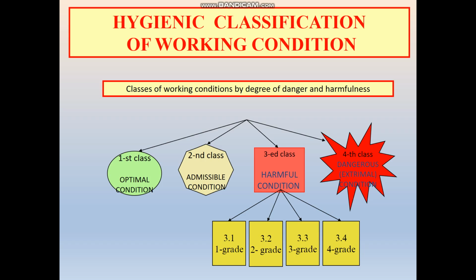Fourth degree of type 3 are working conditions which are characterized by an advanced stage of occupational disease associated with total loss of work capability, as well as increased incidence of chronic disease associated with a permanent loss of work capability. Dangerous working conditions, type 4, are characterized by production factors whose effect on a person at work poses a threat to his life and increases the risk of development of acute occupational disease.